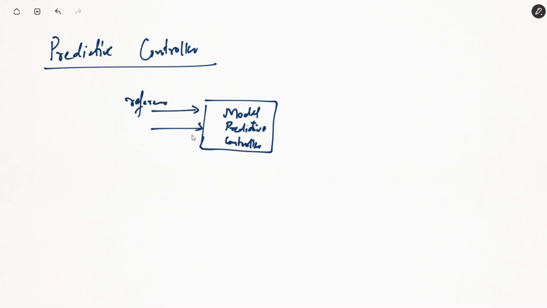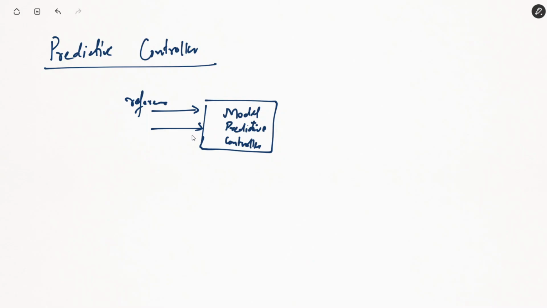So a model predictive controller will use the model of the plant. If we are, for example, controlling a DC motor, we'll be using a state space model of the DC motor, and using that state space model, we'll be able to control the states of the system, the DC motor or any system, whatever we are trying to control here.